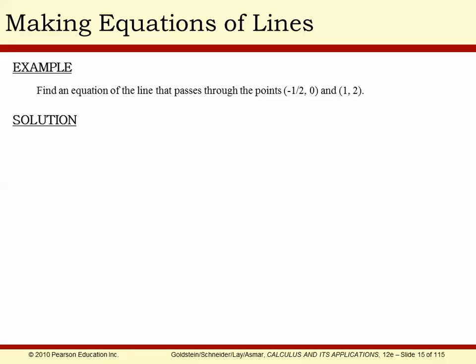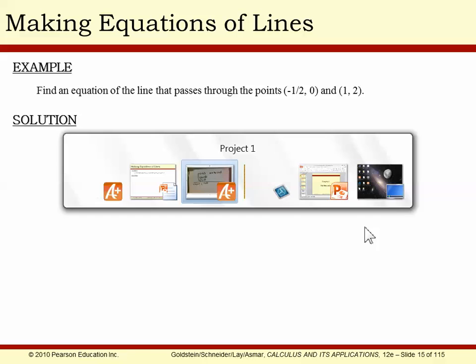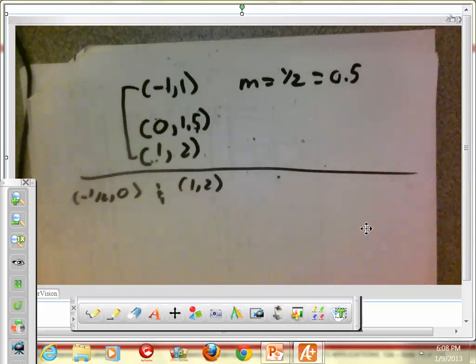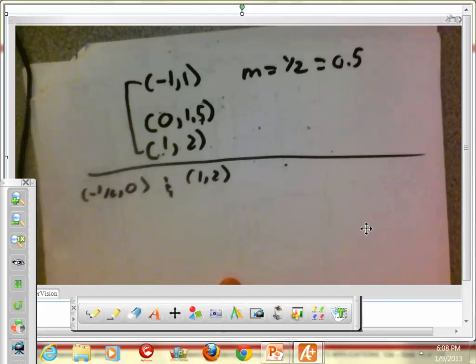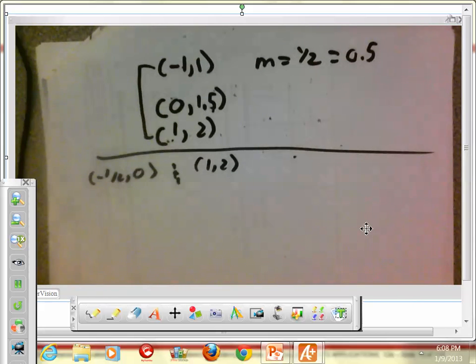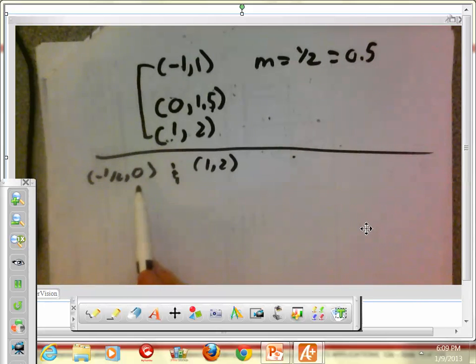So I have the points over here, negative 1/2, 0, and I also have the point 1 comma 2. This is the point negative 1/2, 0, and that's the point 1 comma 2.